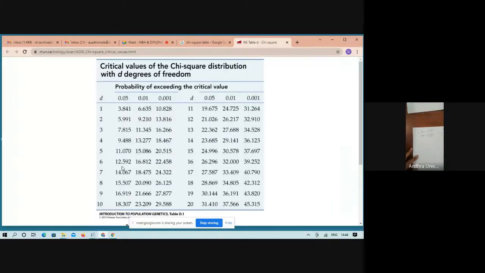Now I'm moving for the conclusion. In the conclusion we need to compare these two. Now tell me, my calculated value is less than the table value or more than the table value? Less than the table value. That means my chi-square calculated is less than chi-square table. That means 2.037 is less than 12.592.